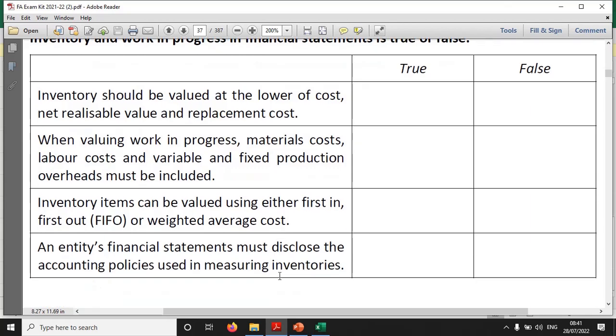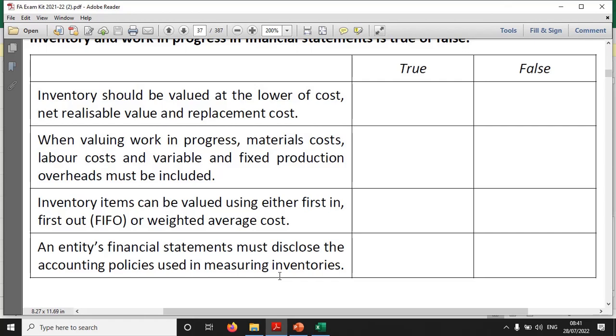Next, when valuing work in progress, material costs, labor costs, and variable and fixed production overheads must be included.